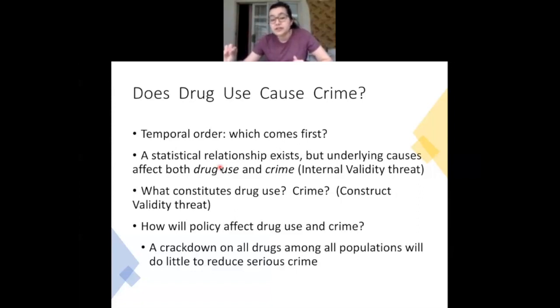There are also internal validity threats because there are other variables that affect both drug use and crime. So that's an example of a threat to internal validity.